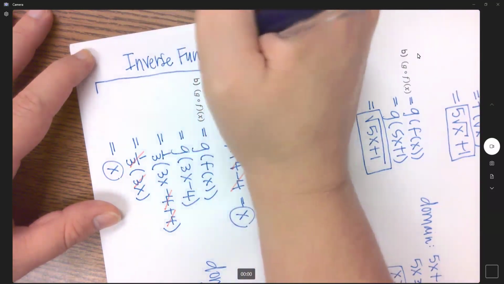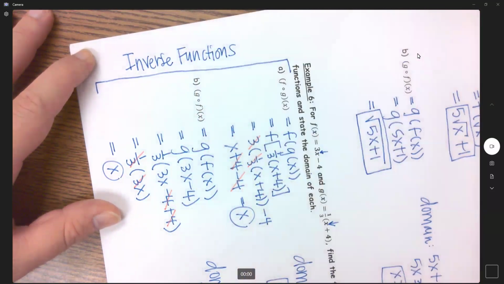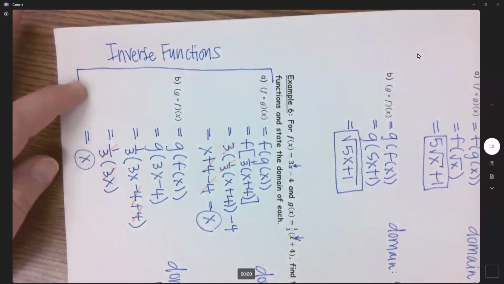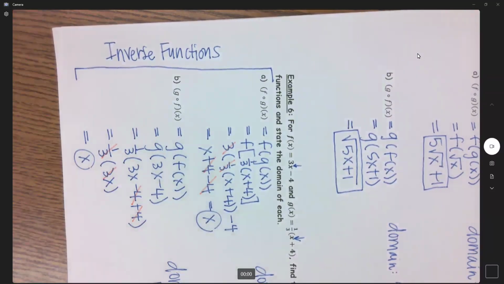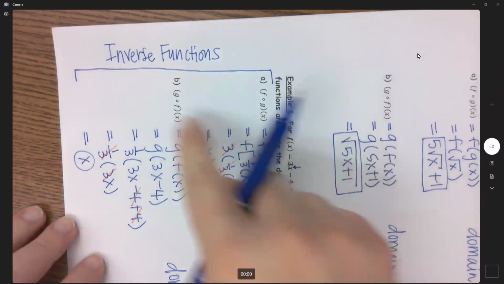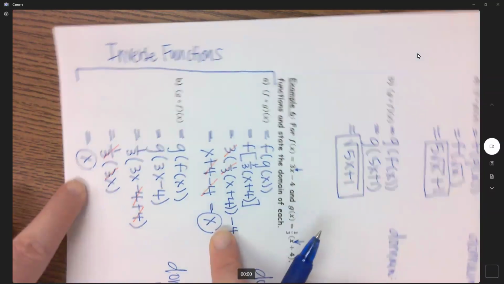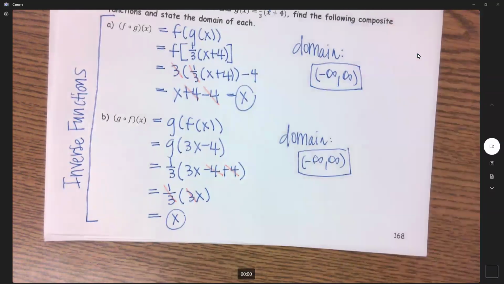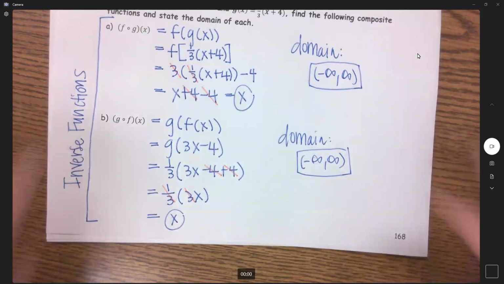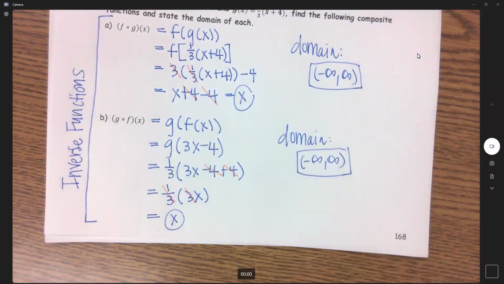And this is what next lesson will be over. And this is one way that we will verify that functions are inverses, by doing the composite in each way and seeing if we get x. So that's a little tidbit as to where we're heading next lesson.